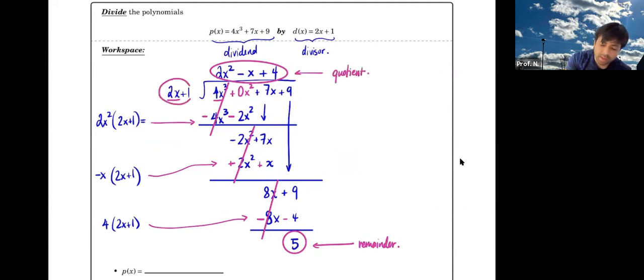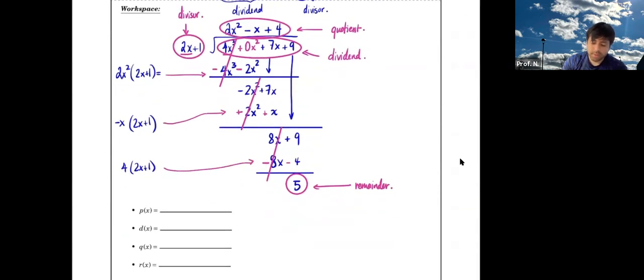And this here is my divisor. And last one here. This one here is my dividend. So see, we've completed polynomial long division.